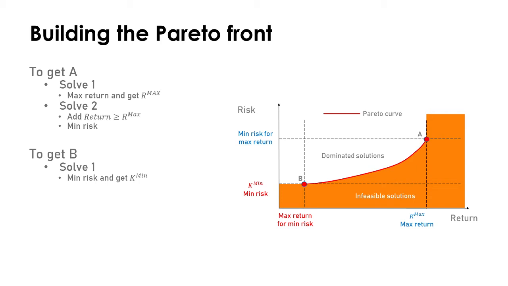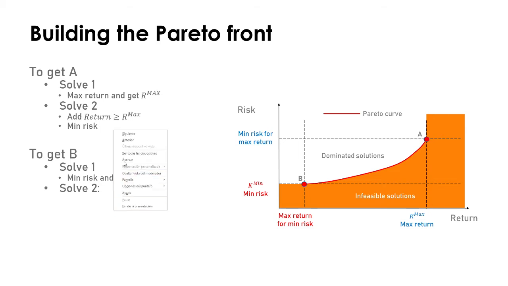But we are not getting the maximum return we might get, because if we are here, we would prefer to move to our right and get to this point B, which is the one we're trying to get, because we have the same risk in this horizontal line, but if we move to B, we get a larger return for the same risk.